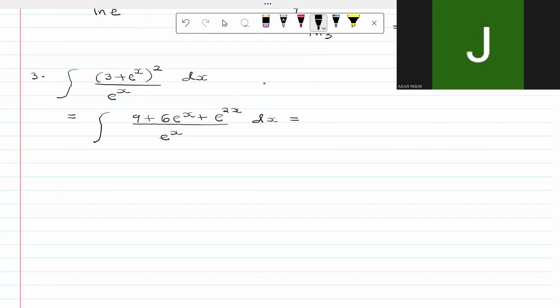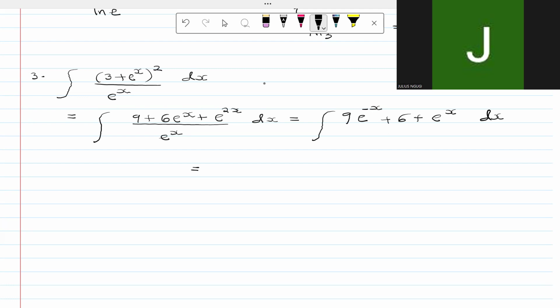So you split it, and you get 9 e to the power of minus x. Then because you're splitting it, 6e^x over e^x, that's a 6. And then e^(2x) over e^x is just e^x, because there are 2 copies in the numerator, with respect to x.